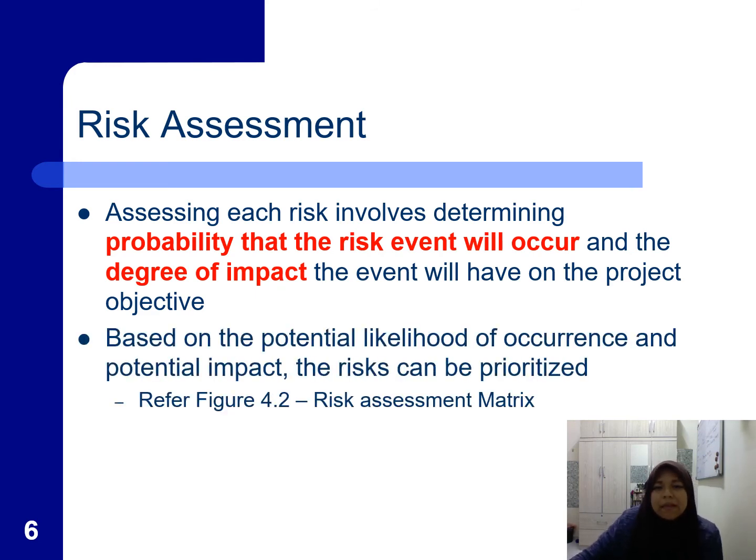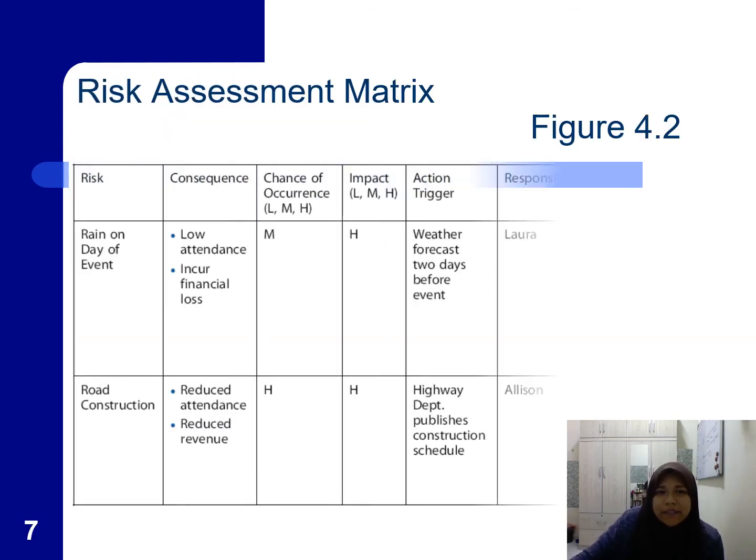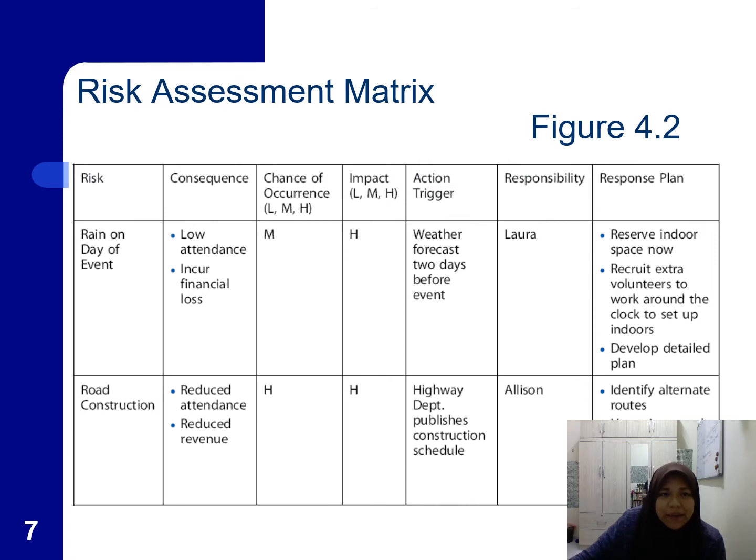So you can use this risk assessment matrix. For example, the risk is rain on the day of the event. Consequences may occur: low attendance and a financial loss. The likelihood can be low, moderate, or high. It's moderate. The impact is high due to the financial loss and the low attendance.